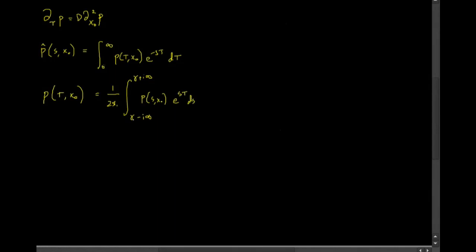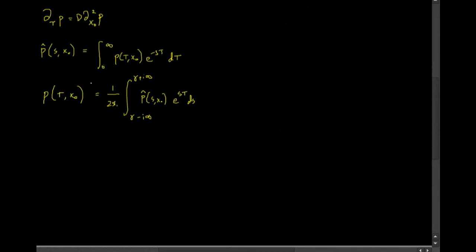In this case, gamma is just some number that's chosen in order that p hat is convergent along the contour that we integrate. It can actually be any number of things, but we'll see more about this when we have to invert our Laplace transform.